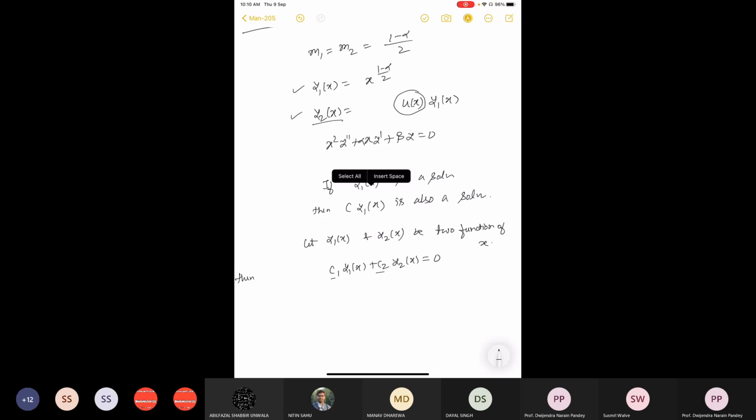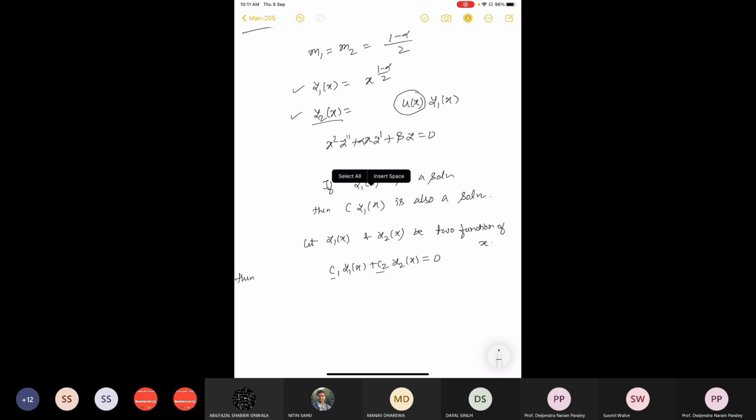Since it is linearly independent, the ratio of y1 and y2 cannot be a constant, right? So if y2 exists as a linearly independent function to y1, the ratio has to be a function of x. Now, what is that function we don't know.